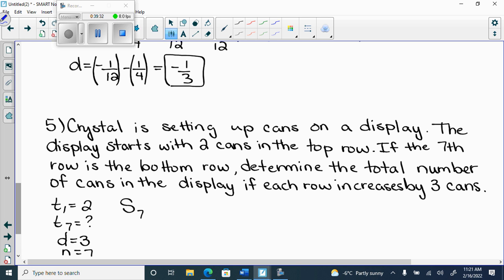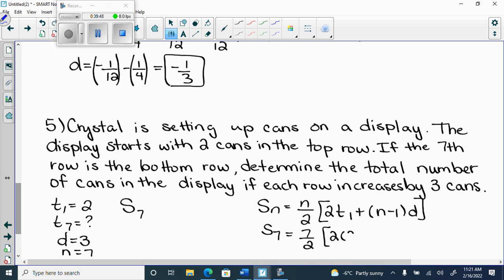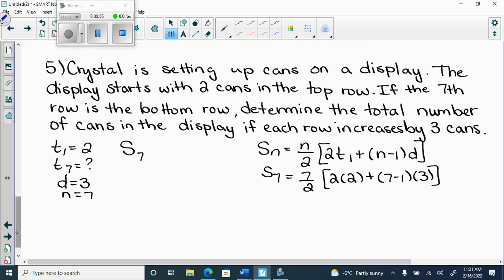So the long formula is Sn equals n divided by 2 bracket 2t1 plus n minus 1 d. So I'm finding S7 equals 7 divided by 2 bracket 2 times 2 plus 7 minus 1 times 3. So I'm going to get S7 equals 3.5 and then 4 plus 18.